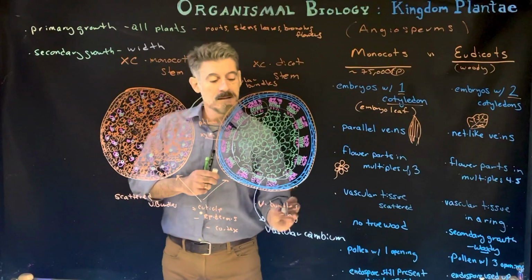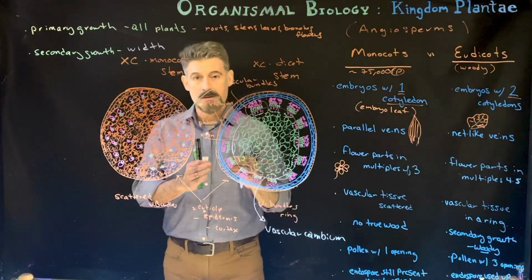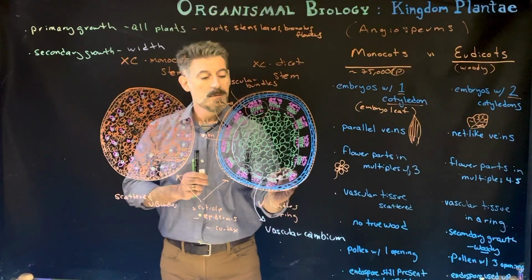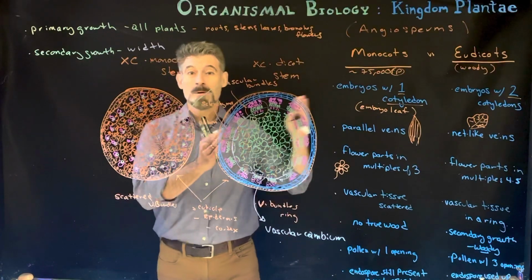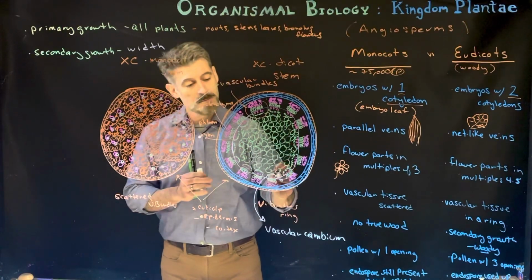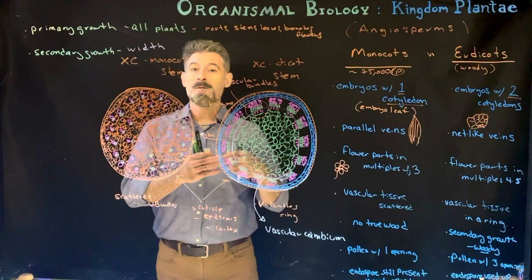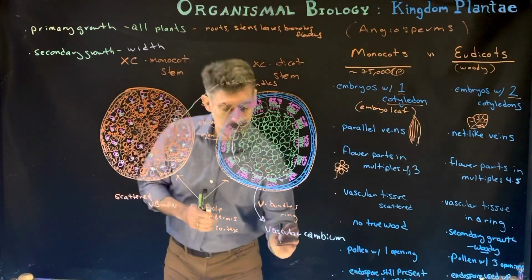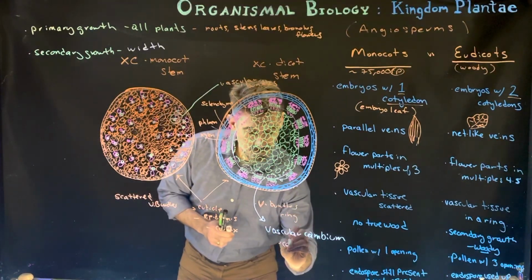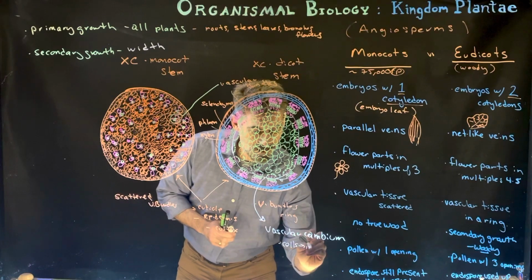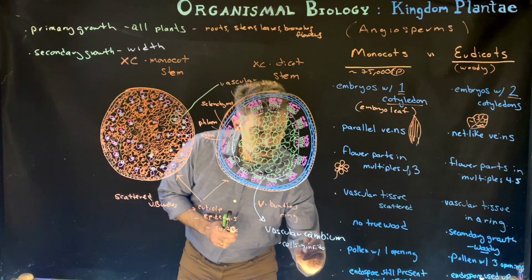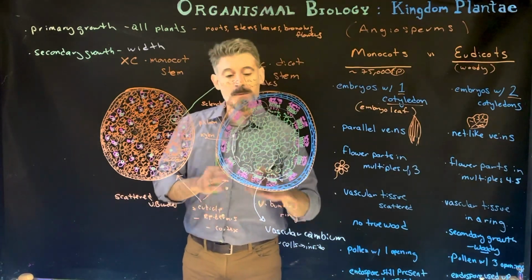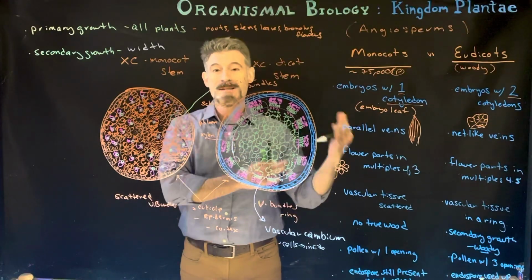What will happen is in the vascular cambium, there'll be cell division, and then cells will move, right, partly toward the outside and then some toward the inside. The cells that move toward the inside will become more xylem cells, but now in addition to the primary xylem, these are secondary xylem.